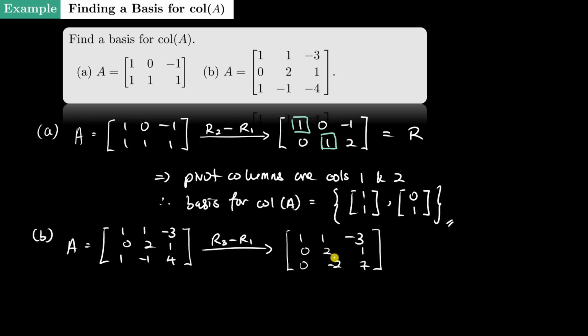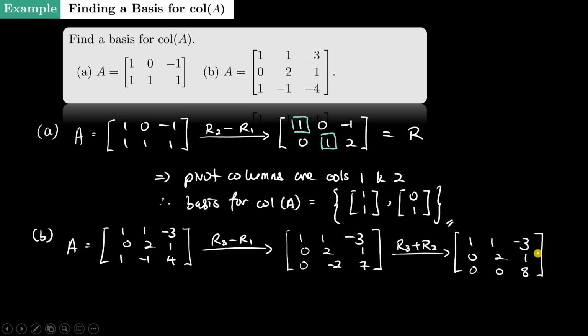And we are supposed to get rid of the number -2 below the pivot. And we perform the row operation, row 3 plus row 2, to obtain 1, 1, -3, 0, 2, 1, 0, 0, 8. Our pivots are 1 here and 2 here. Therefore, the pivot columns are columns 1 and 2.